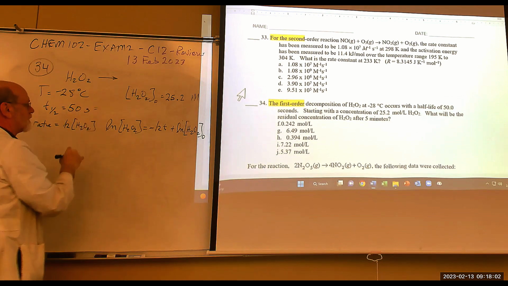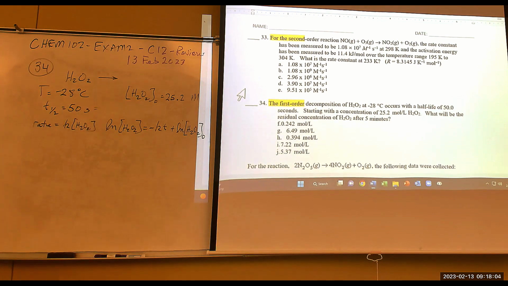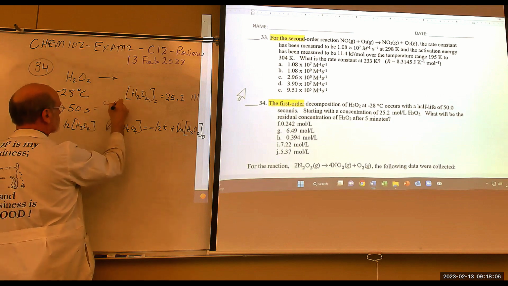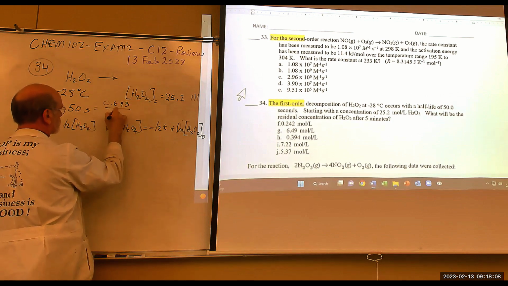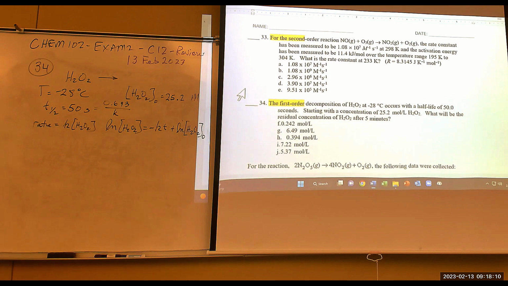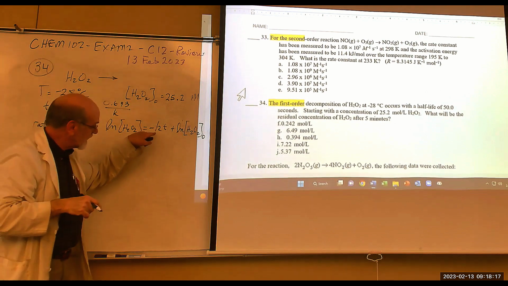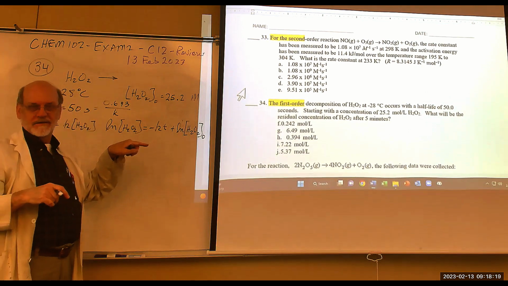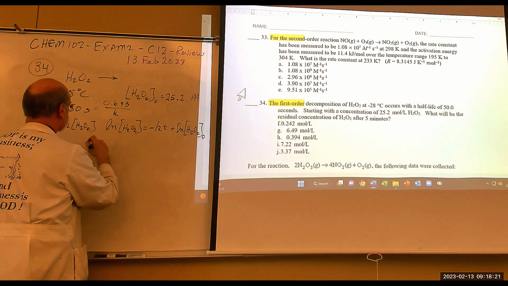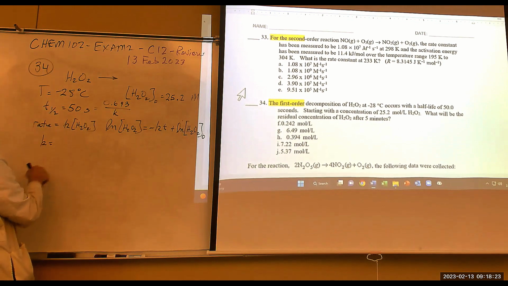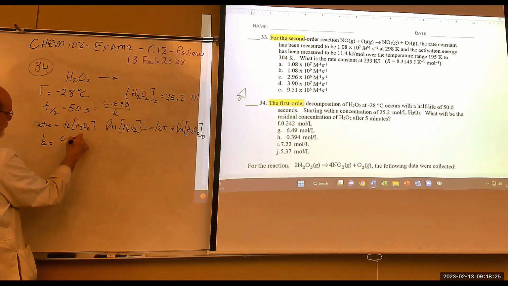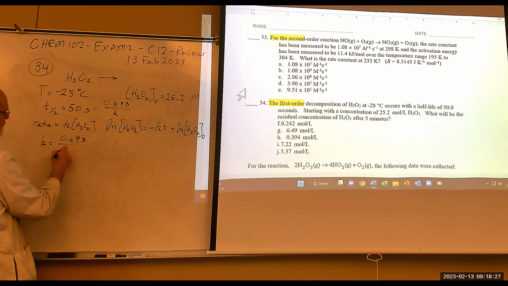So the half-life for that one, I remember this one, is 0.693 over k, correct? Yeah. So this will allow us to calculate k. We can put k in here. So what's k? k equals 0.693 divided by 50.